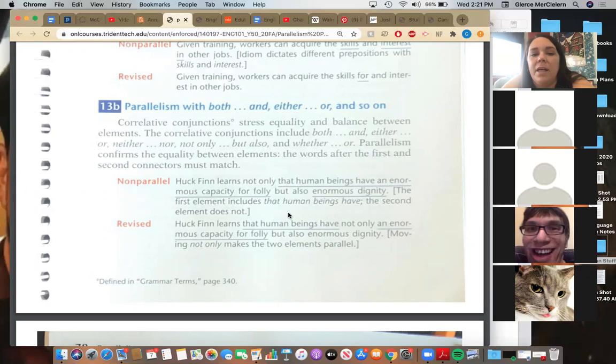So if you deconstructed the sentence, it would say Huck Finn learns that human beings have an enormous capacity for folly. Huck Finn learns enormous dignity. And that's not what we're trying to say. So if we clean it up and make our parts parallel: Huck Finn learns that human beings have not only an enormous capacity for folly, but also enormous dignity.